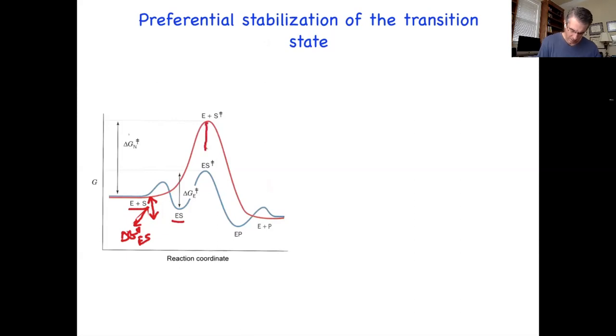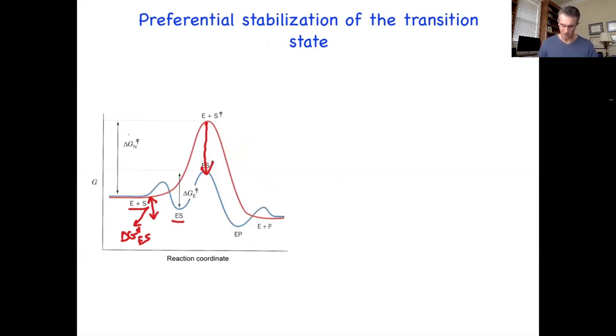Look at how much bigger the free energy difference is for binding, right, of the transition state between the enzyme and the substrate, right? This is a much bigger difference in free energy. So another way to interpret that then is that the enzyme, in a general sense, is stabilizing the transition state, or it's binding the transition state much more tightly than it binds the ground state or the substrate over here, right?